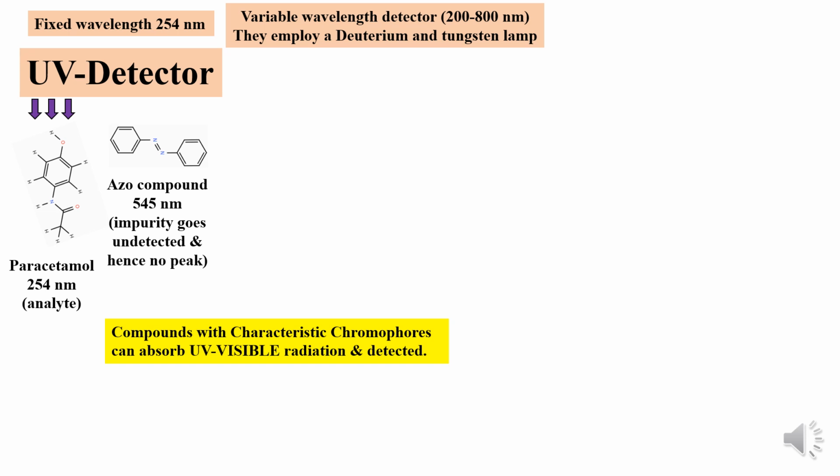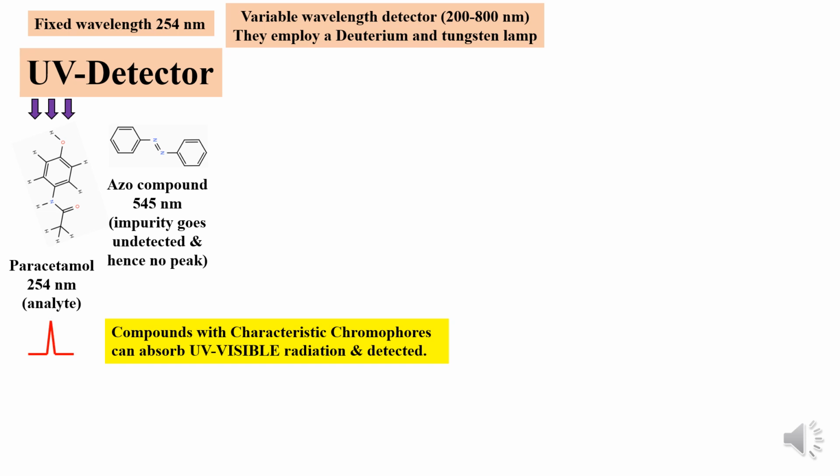because this impurity molecule that is present along with the paracetamol molecule being analyzed absorbs at a wavelength of 545 nanometers. But the fixed wavelength detector provides a fixed wavelength of 254 nanometers, and therefore, though this azo compound is present as an impurity along with the paracetamol molecule, it goes undetected as it cannot absorb the wavelength of 254 nanometers, and hence no peak will be observed for the impurity compound, that is the azo compound, as it is unable to absorb the UV radiation.